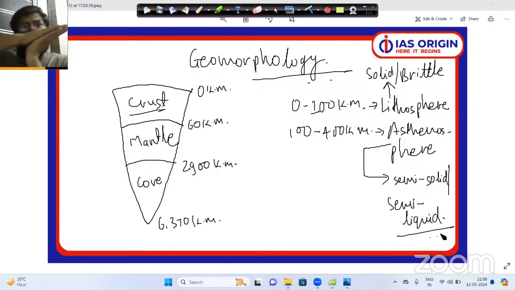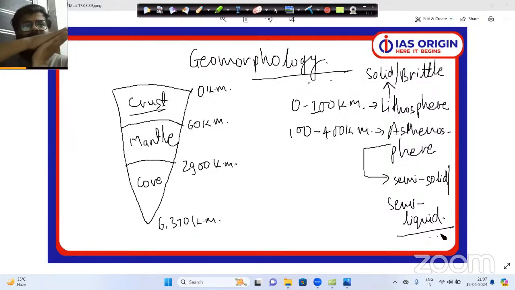So the lithosphere is completely dependent on the asthenosphere. And if your brittle portion is on this semi-solid or semi-liquid layer or plate, this brittle portion will be completely floating over the semi-liquid portion.